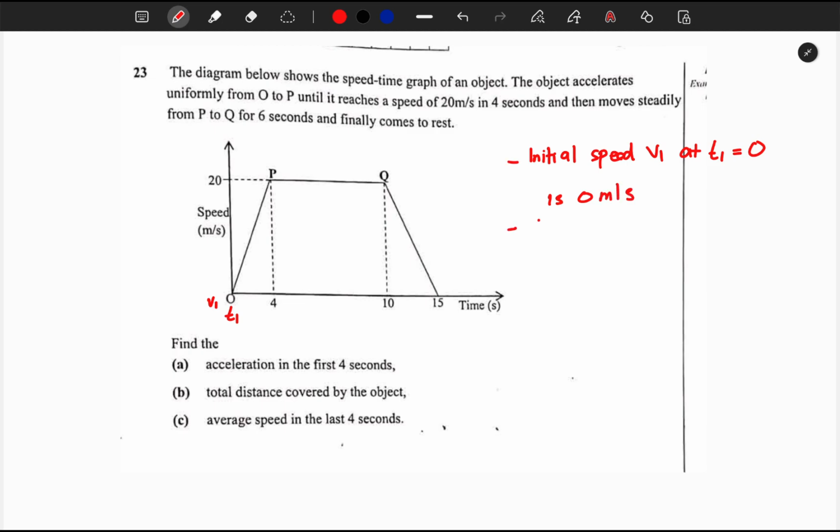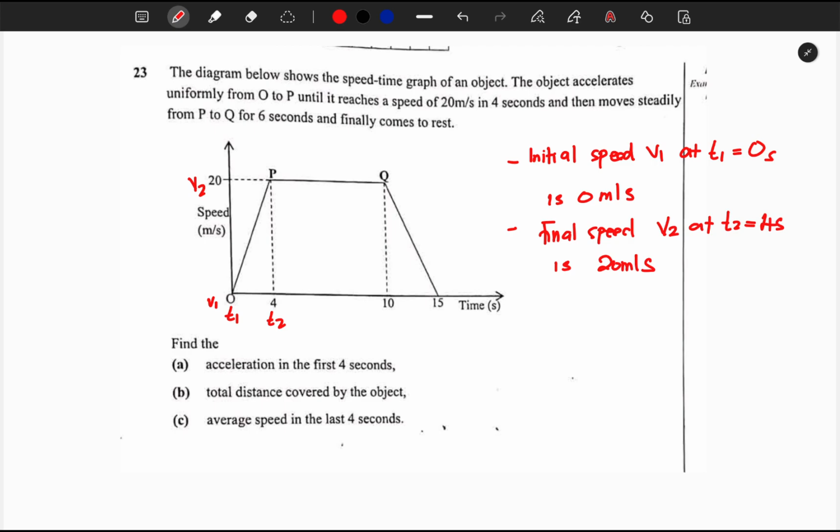Keep this in mind. Also, we need the final speed, which is v2 at time 2. Time 2 is this time here, and that is our v2. Time 2 is 4 seconds, and v2 is 20 meters per second.